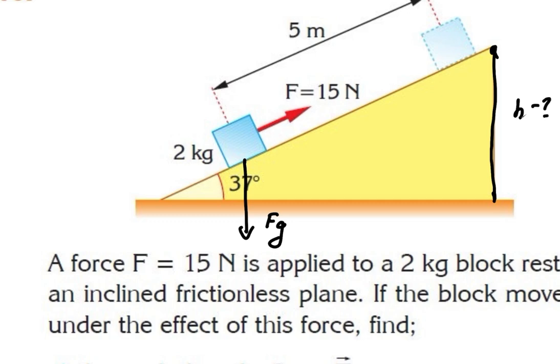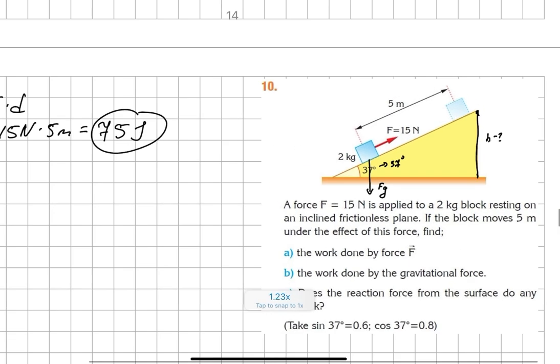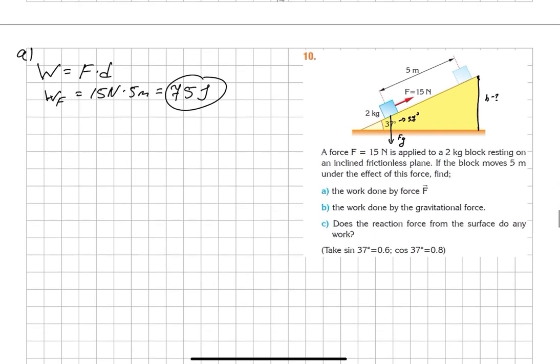So this height can be found by looking at these angles. This angle is 37, and we know that sine 37 is equal to the opposite side length over the hypotenuse.